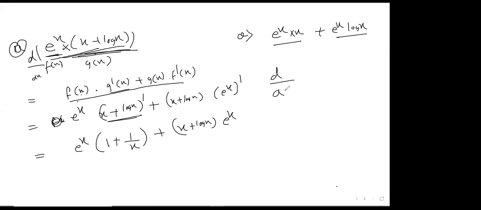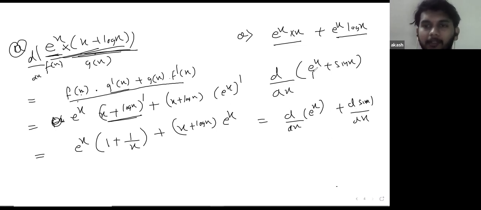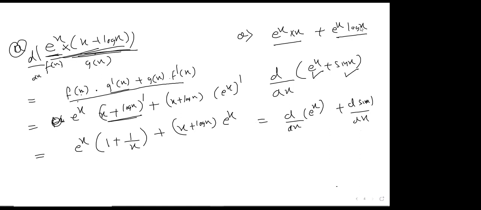If this is written, then what you can write is differentiation of e raised to the power x plus differentiation of sin x, right? You can take them like this. So obviously, if you differentiate this and differentiate this, then you can add them together, no worries. Okay, sir. All right, so next question.